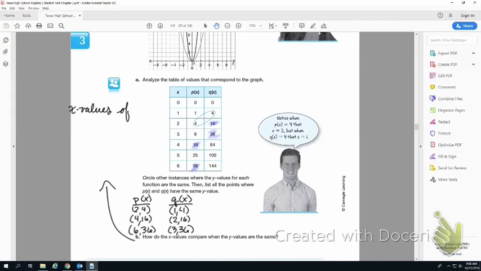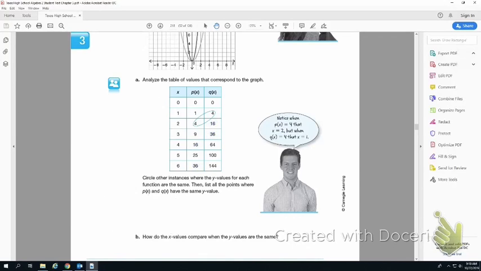The x values of q of x are half of what they are in p of x. Alright, so that's what having that b value of 2 does.